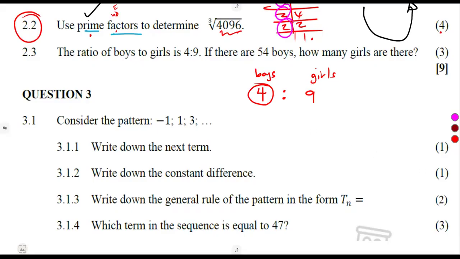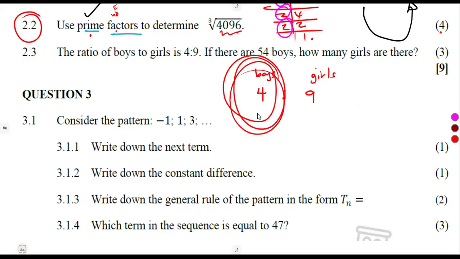That is the condition of the question. The question further says, if there are 54 boys, which corresponds to this ratio of 4, how many girls must be there?